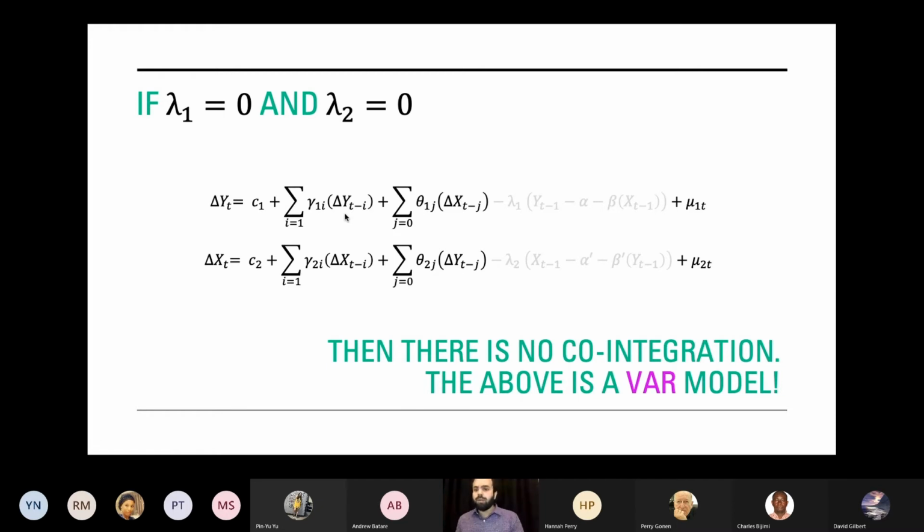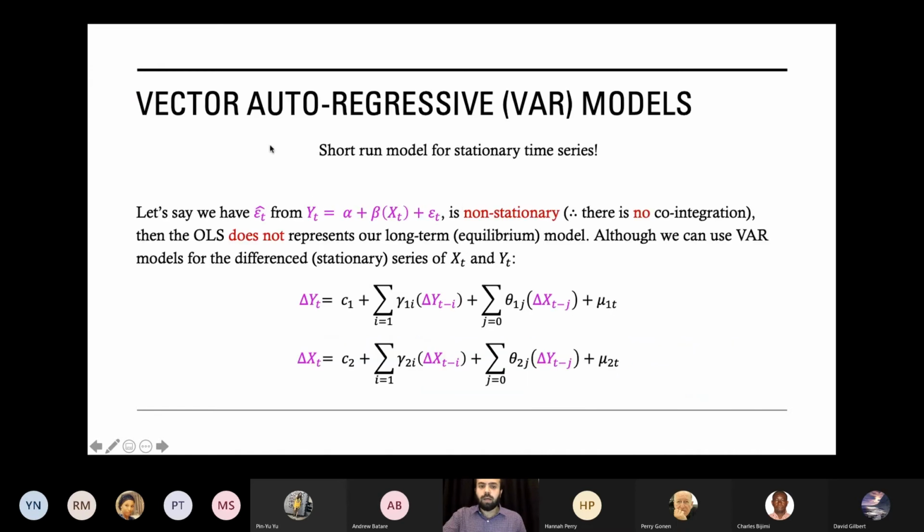But instead of a univariate model which depends on its own past values, we have a vector of autoregressive models where the values for different variables not only depend on their own past values, but also on the past values of other variables in the system of equations. So that is a vector autoregressive model.